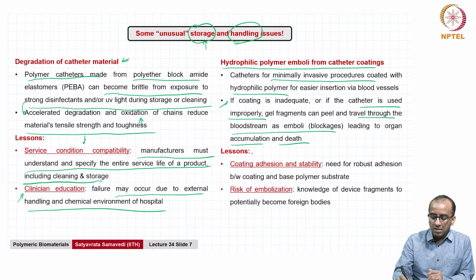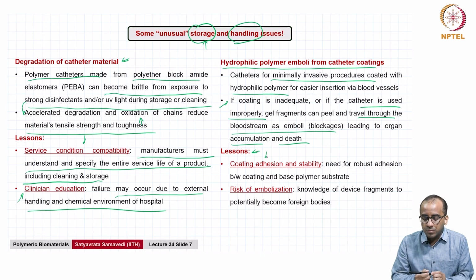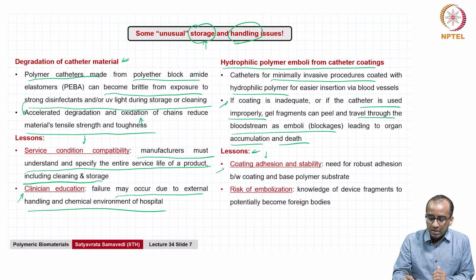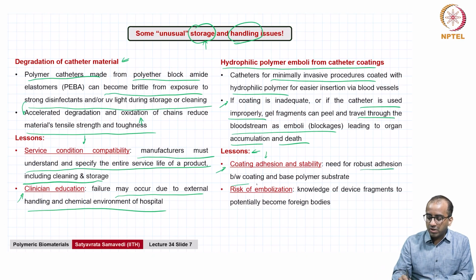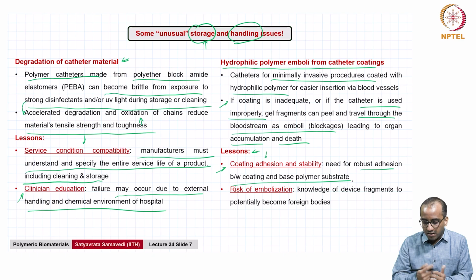So, again the lessons here from the manufacturer's perspective or from a biomaterial design perspective, the lesson is can we come up with better coating adhesion and better stability. So, there is a need for robust adhesion between coating and the base polymer substrate, and newer ways to stabilize that and to make it very adherent have to be consistently looked at.